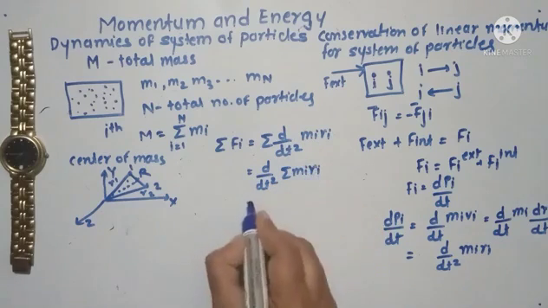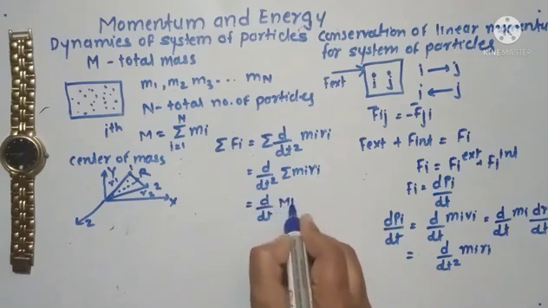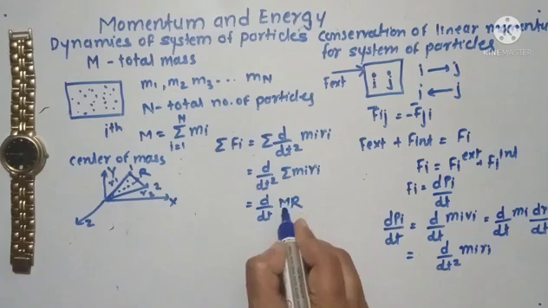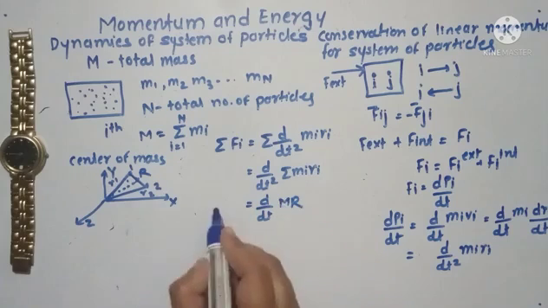This summation of mi ri is nothing but m into r, where m is the total mass of the system and r is the position vector of the center of mass.